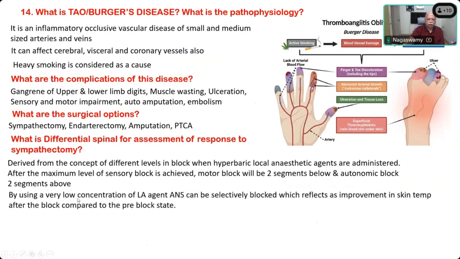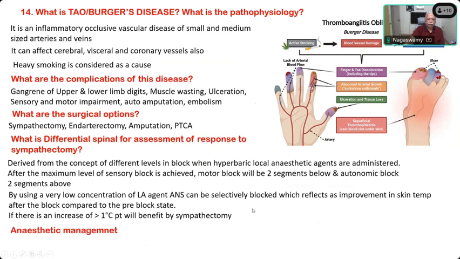So by using a very low concentration of LA agent, the autonomic system alone can be selectively blocked, which reflects as improvement in skin temperature after the block compared to the pre-block state. If there is an increase of more than 1 degree centigrade of the skin before and after the block, the patient will definitely benefit by sympathectomy.